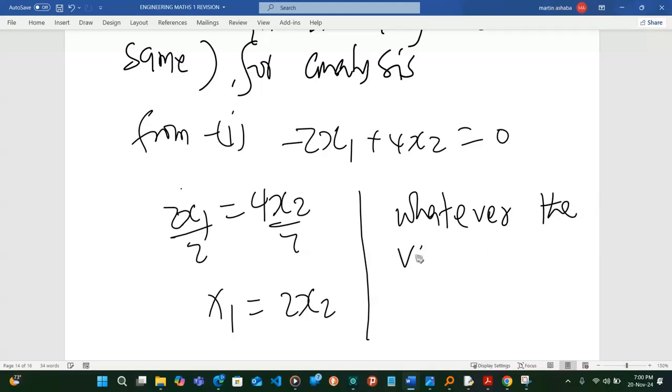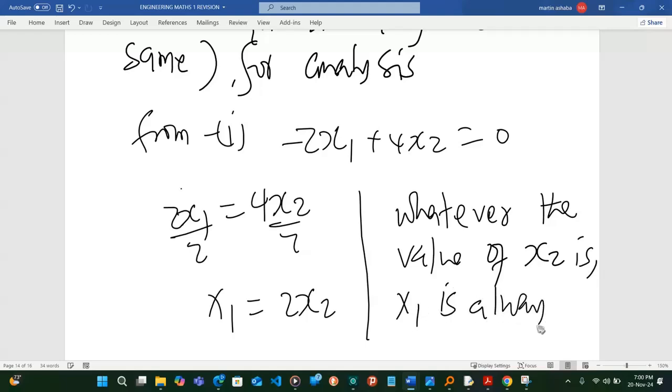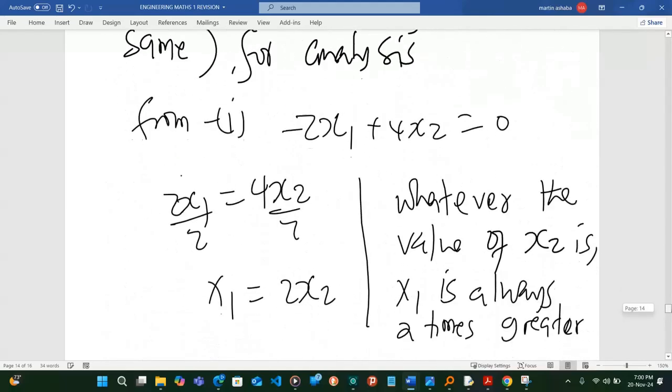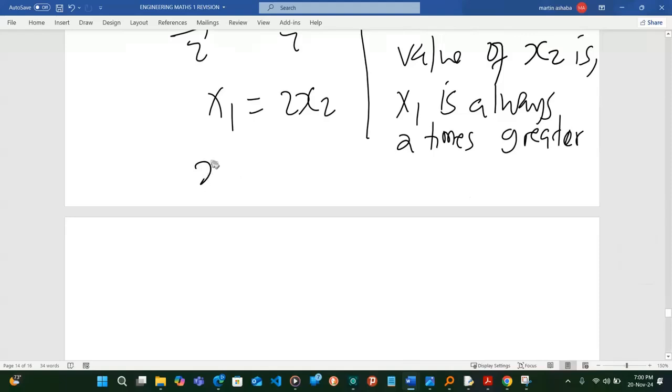So if that is the case, that means whatever the value of x2 is, x1 is always 2 times greater. So what does that mean? I can come here and say, therefore, x2 is equal to x1 divided by 2.